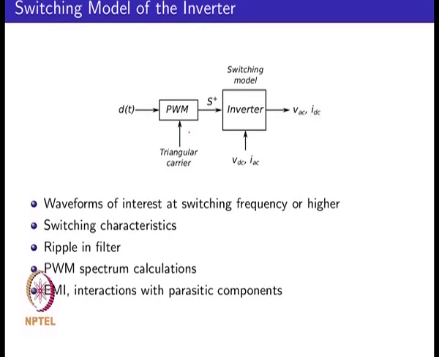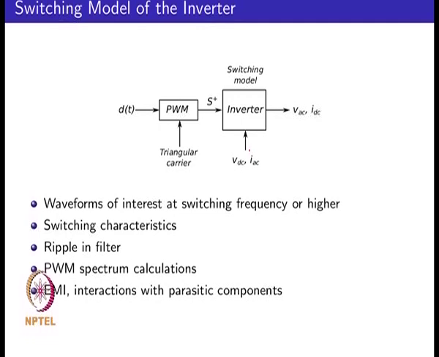And we also know that this is a model where we are considering exchange of power between two sources. Essentially, the exchange of power is between your AC and DC side, and the variables that we consider as input to the switching model are the two variables that are varying slowly in such a model. One variable which is varying slowly is the DC bus voltage.